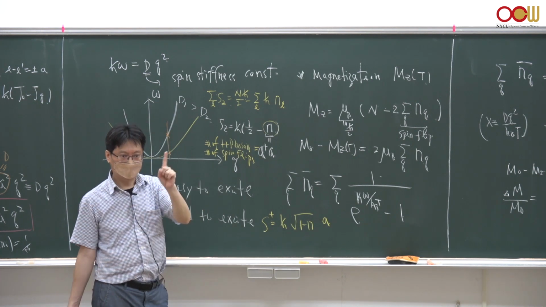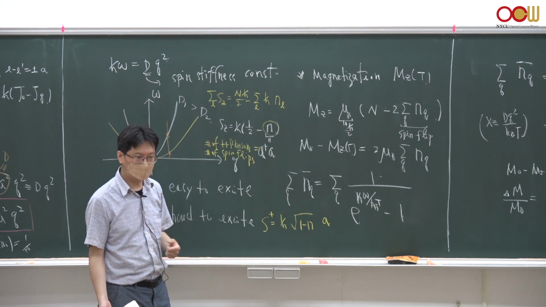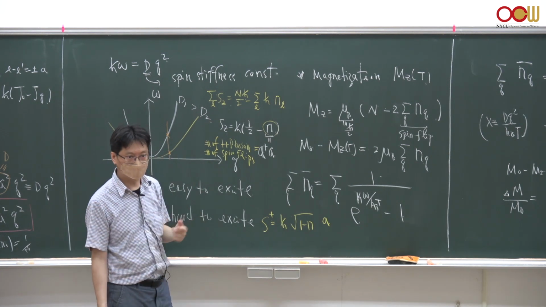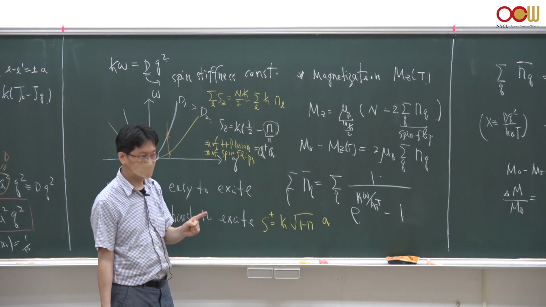When we have a spin flip, what will really change the spin angular momentum is actually 1 h bar.